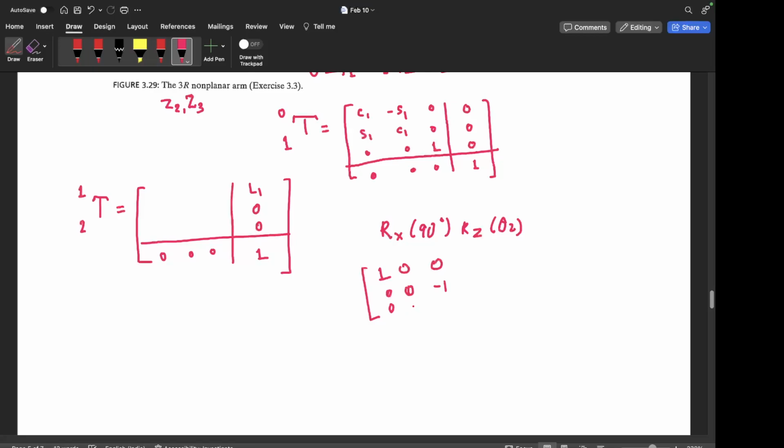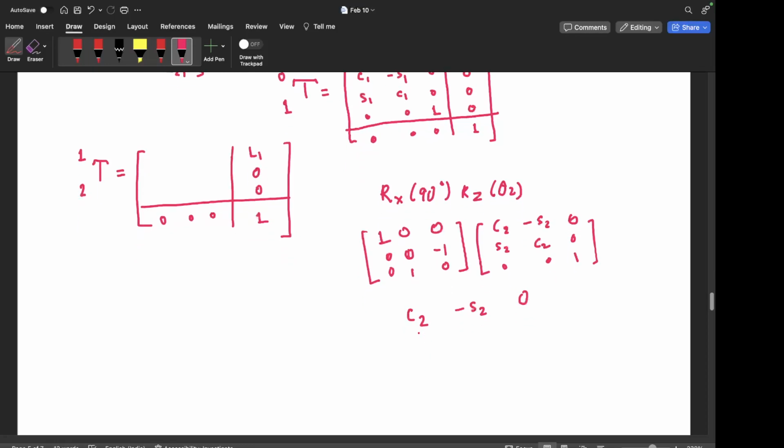First row: c2, minus s2, 0. Second row: 0, 0, minus 1. Third row: s2, c2, 0. And the last row is 0 0 0 1.